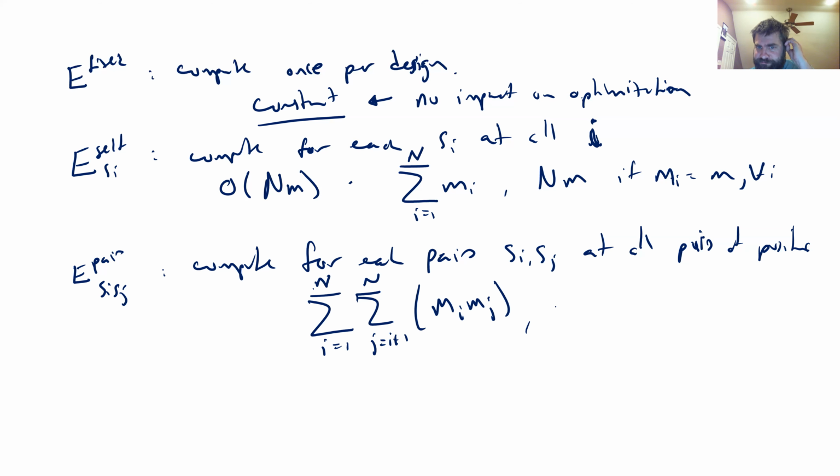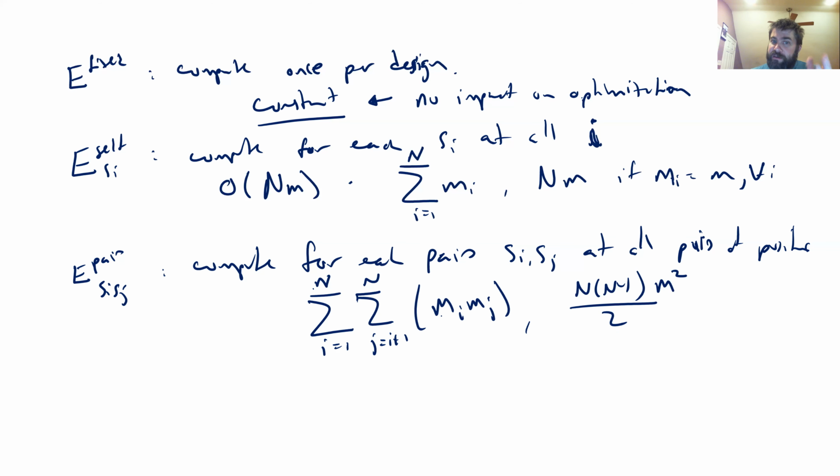When we have the same number of rotamer choices at every position, this becomes n times n minus 1 over 2, roughly n squared over 2, to account for the sum over all pairs of positions, times m squared to account for all pairs of choices.